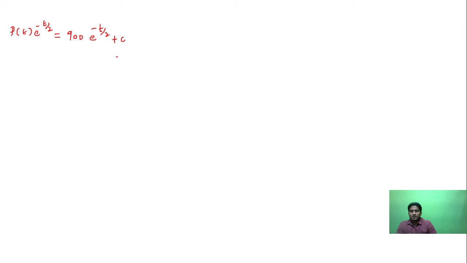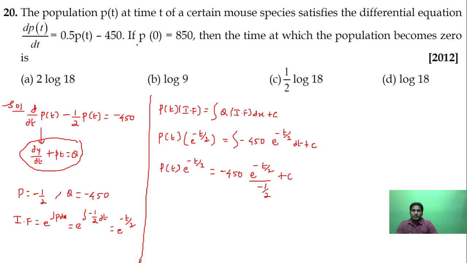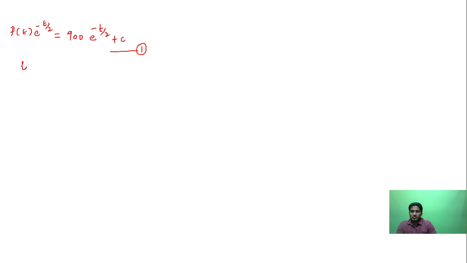Let's call this equation 1. It's also given in the question that p of 0 is equal to 850, that is when time t is equal to 0, p is equal to 850. So if I substitute here, you get 850 into e power 0 is equal to 900 e to the power of 0 plus c. c is equal to minus 50.